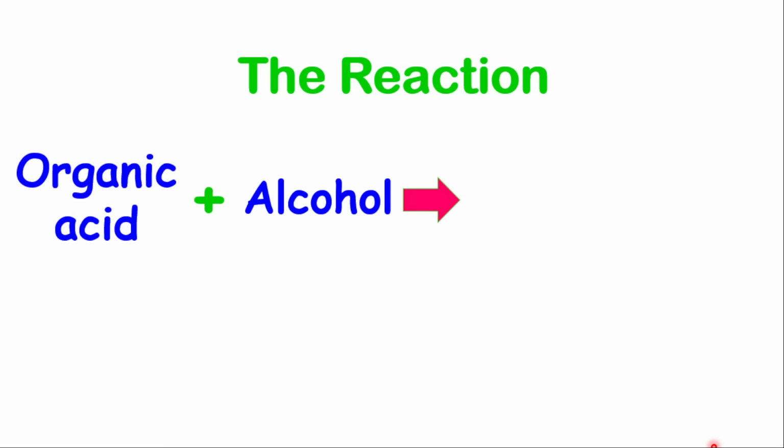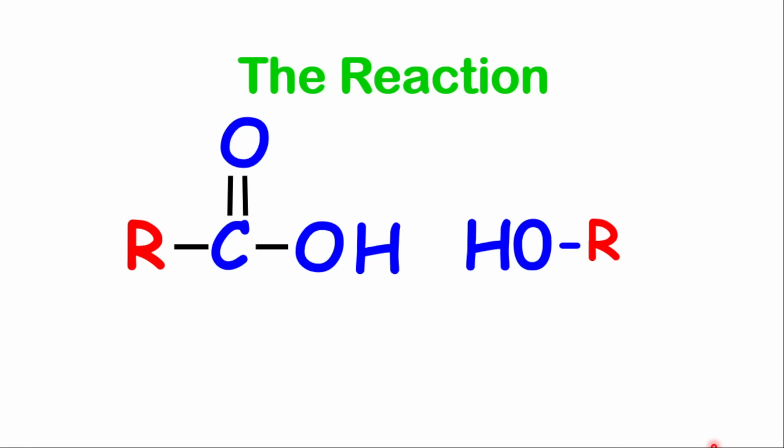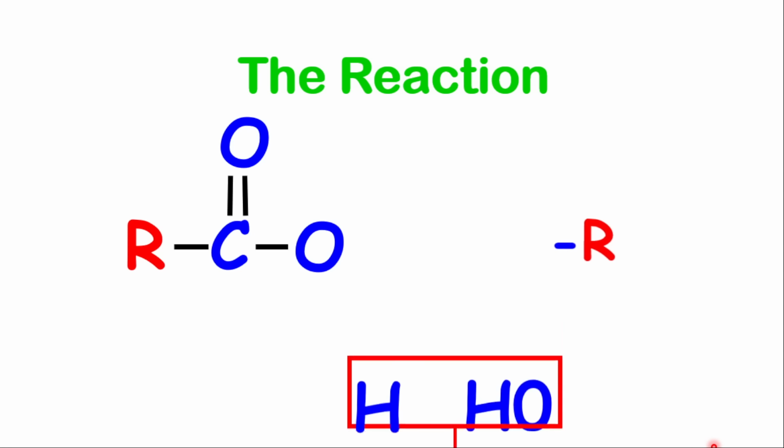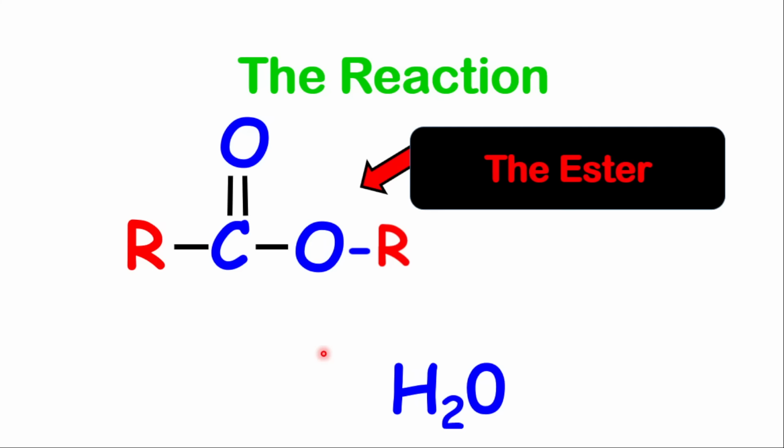Again, organic acid plus alcohol gives you ester and water. Once we join them like that, the H from the acid with the OH from the alcohol come together to form water, and so you have here the ester functional group. All right, so water is a product.